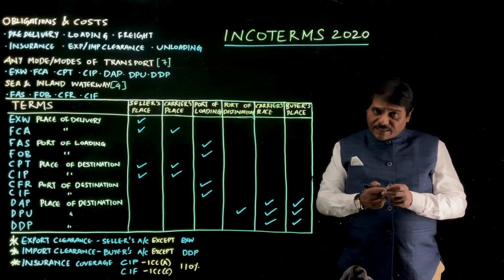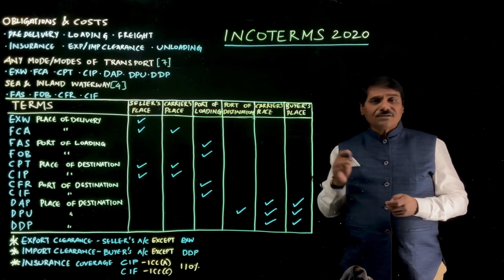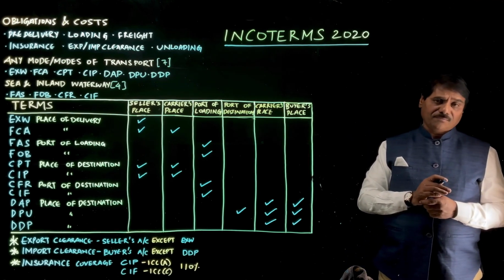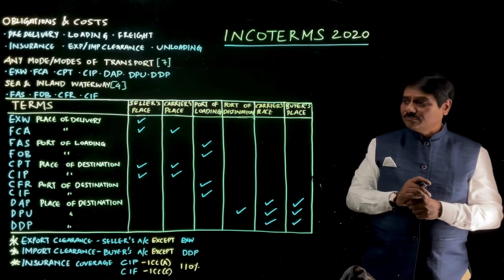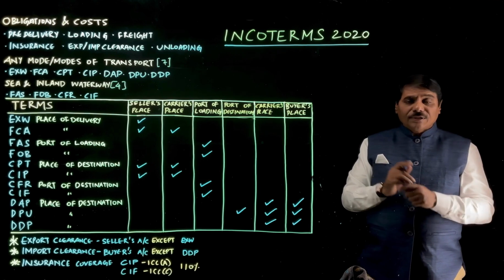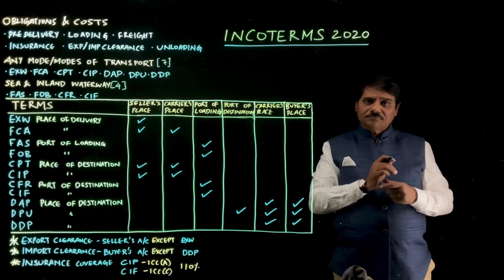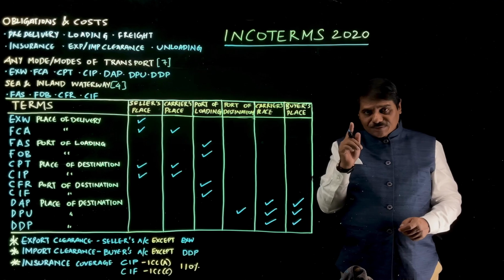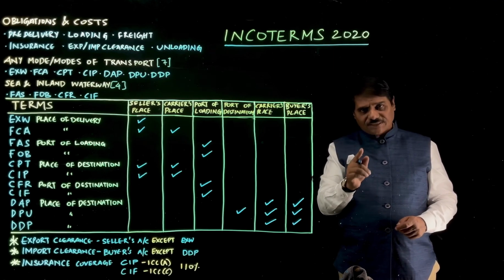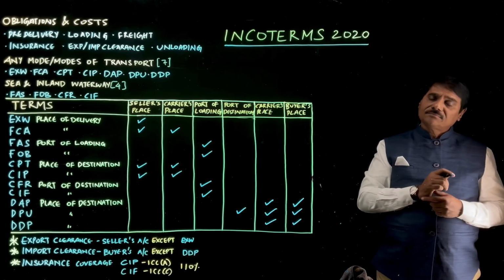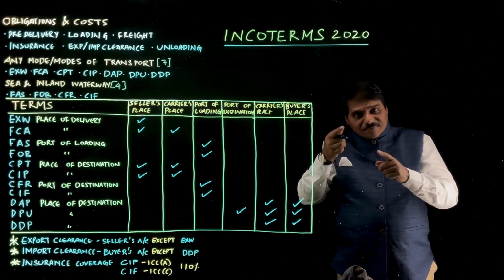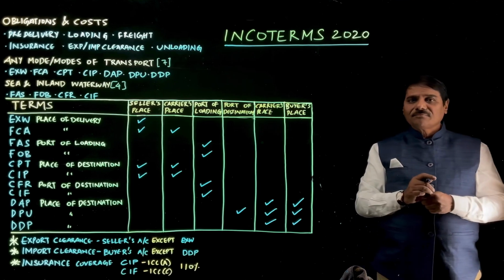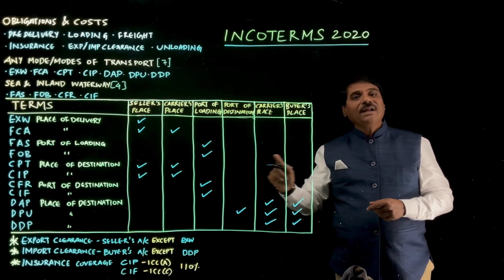So here, in case of CPT, you must understand, you should know what the delivery point is. The delivery point is not Dubai. Though the seller is paying transportation charges up to Dubai, the risk is passing from seller to buyer in the seller's country only.